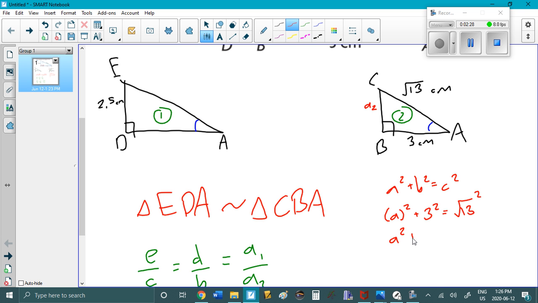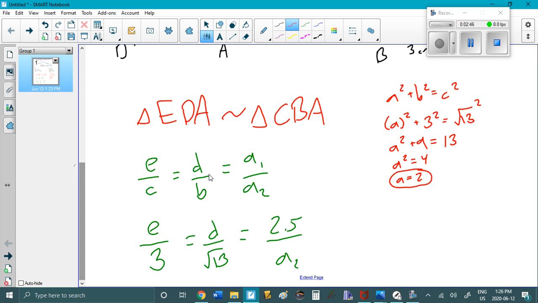So a squared plus 9 equals, well, root 13 squared is just going to be 13, because the square root times the square root gets rid of the square root. So a squared equals 4 if we subtract 9 from both sides. So a is going to equal 2. That means down here we can replace this with 2.